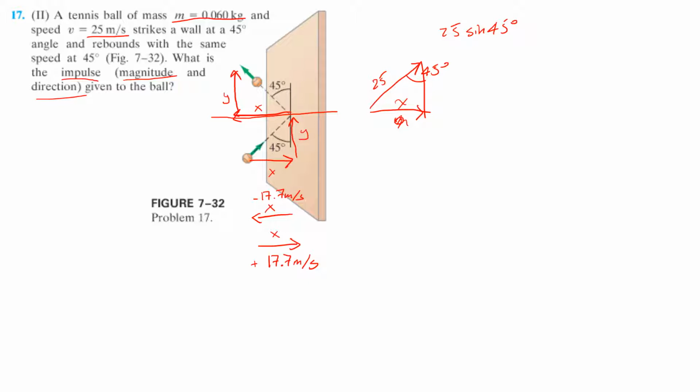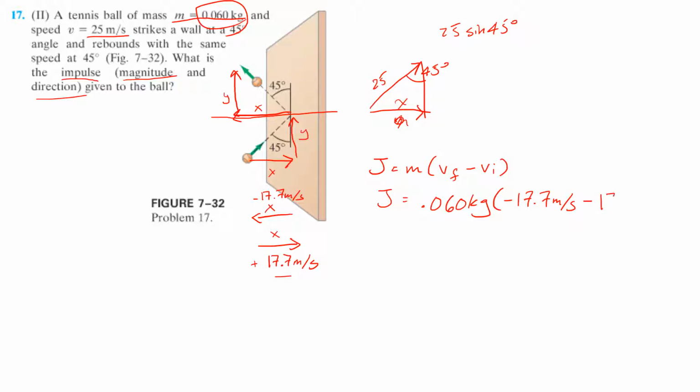Let's go back to our equation for impulse. J is basically the mass times the final minus the initial, right? So our J is going to be our mass, which was 0.60 kilograms. Our V final was negative 17.7 meters per second, minus our V initial, which is 17.7 meters per second.